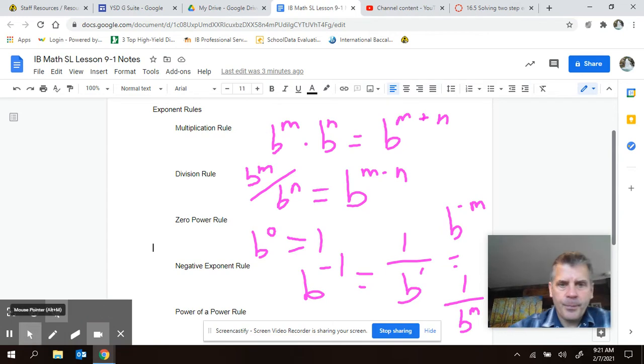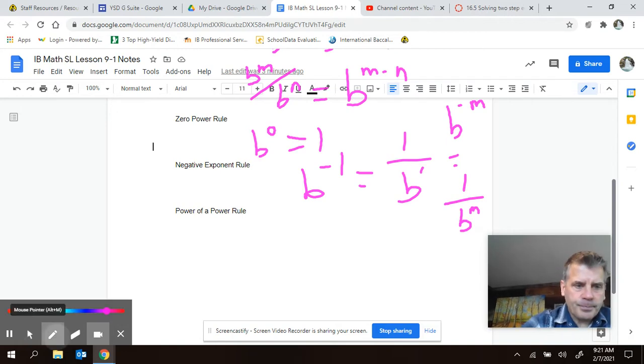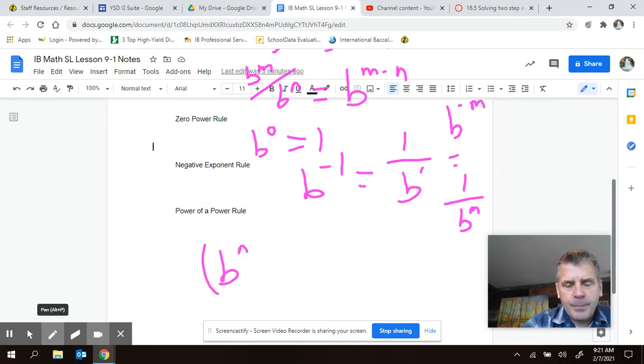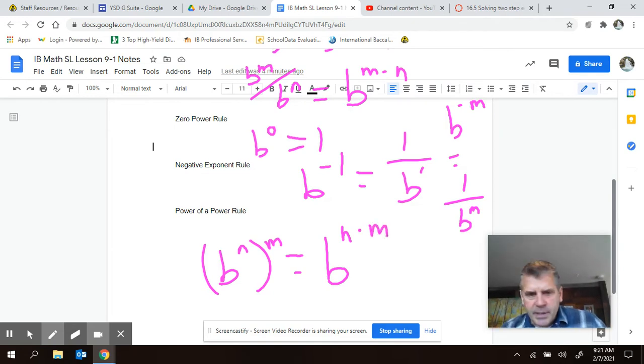All right. There are those first 4 rules. Our last rule involves what's called power of a power, and that's saying if we have a base value b raised to the power of n, to the m, that results in b to the n times m. All right, so there is a slam dunk, fast forward version of those 5 rules.